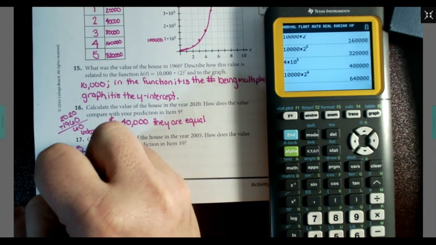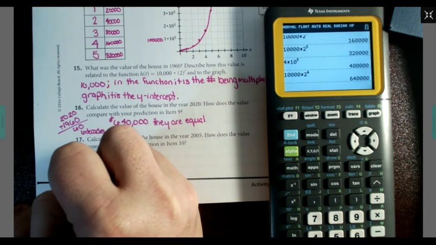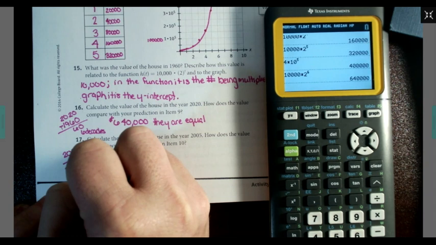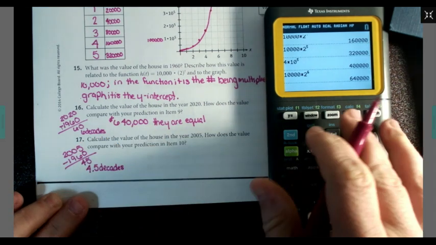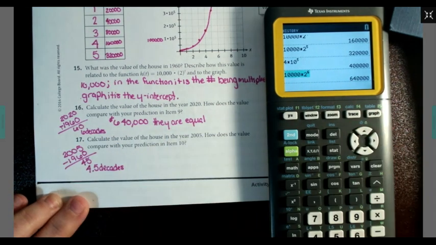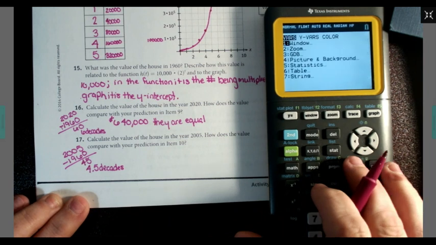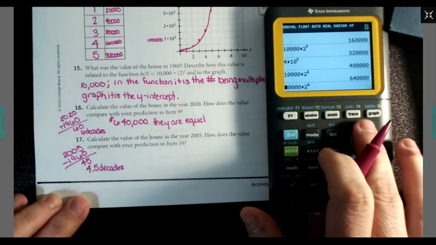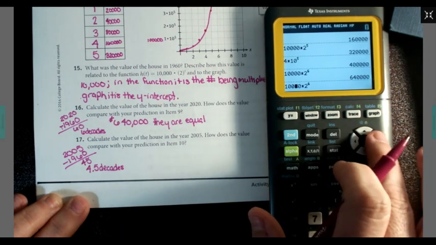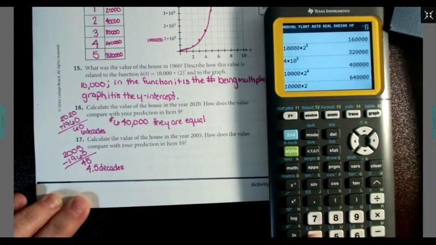It's actually 4.5 decades. So that's going to be my t. So we're going to pull this equation, but this time our exponent is 4.5.